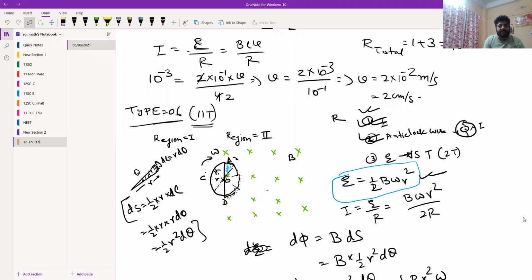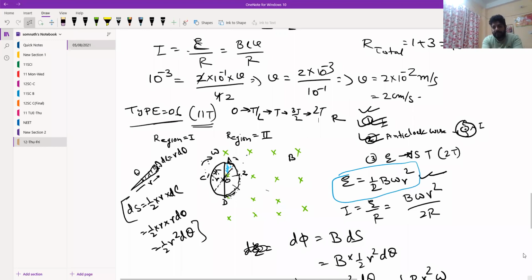So if this is my first position, this is my second position. So from first position to second position, it will take T/2 time, again coming back to the first position. So my time will be 0 to T/2, from first position to second position, T/2 to T, second position to first position, T to 3T/2, first position to second position, to first position, 2T. Yes or no? Is it rotating in a circle? Yes sir.